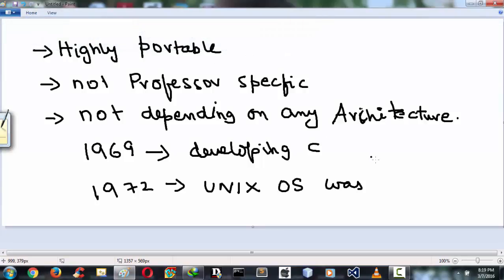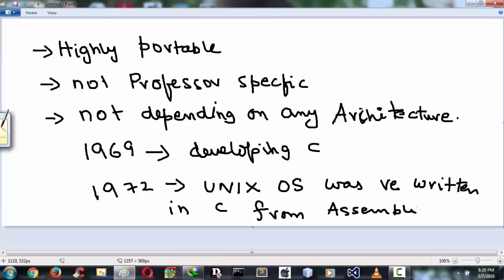By this, the Unix operating system could run independently on any architecture. So they had added portability.